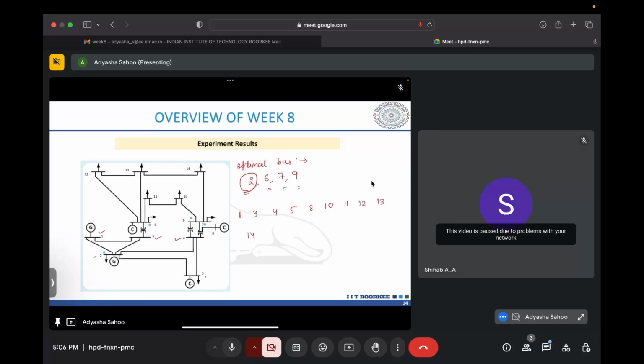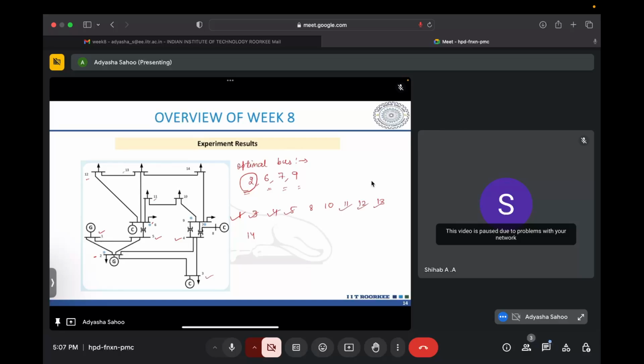So if you have 2, you know 1, you know 3, 4, 5. Similarly, next, if you know 6, then you know 12, 13, 11. Yes. So 11, 12, 13.